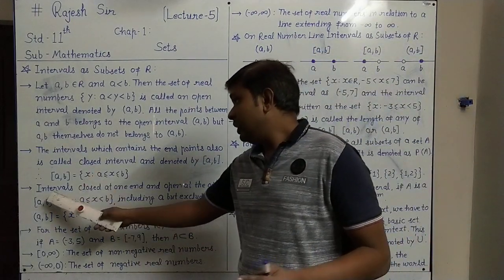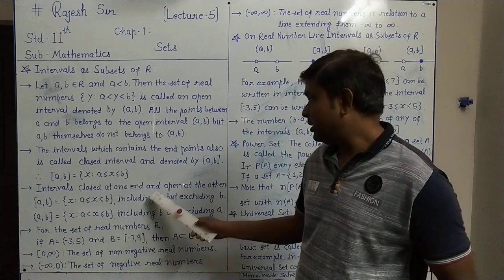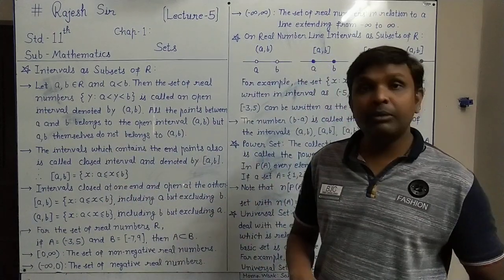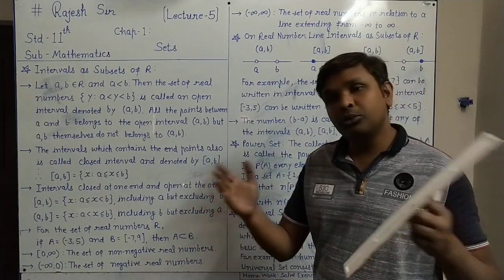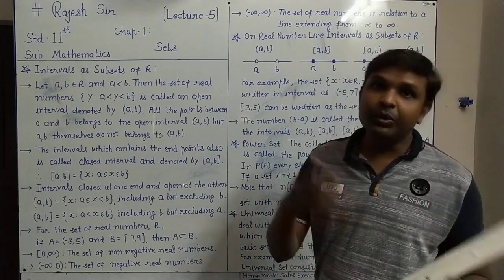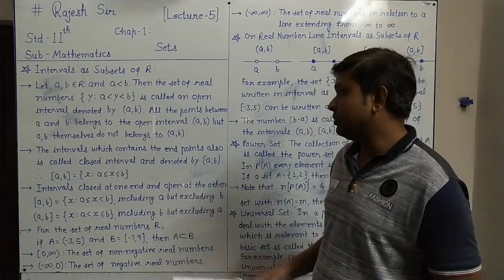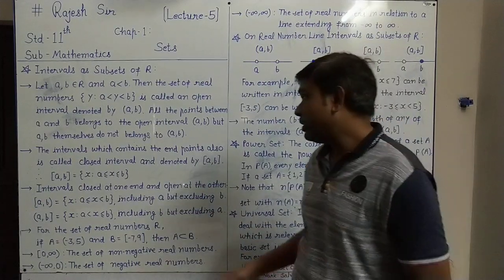Now, intervals closed at one end and open at the other. We also have this type of interval, in which the two sides are not both open or both closed: one side is open and one side is closed.